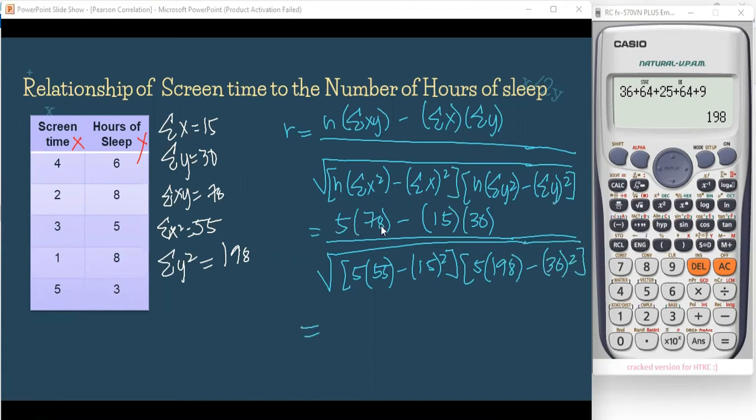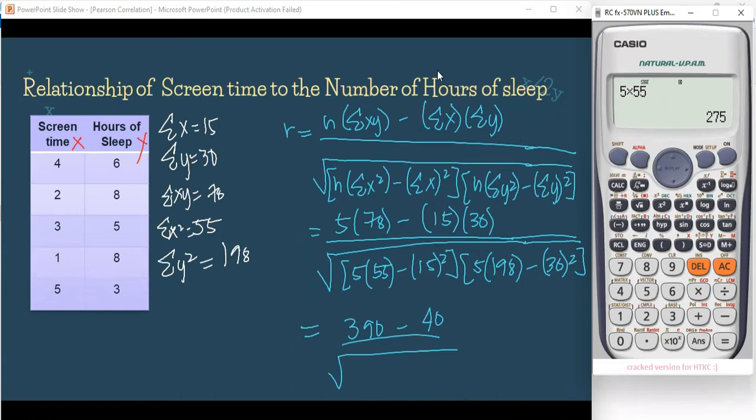Now, let's find the product dun po sa may mga parentheses. So we have here 5 times 78. That is 390. Minus 15 times 30. That is 450. Divided by the square root of. So 5 times 55.